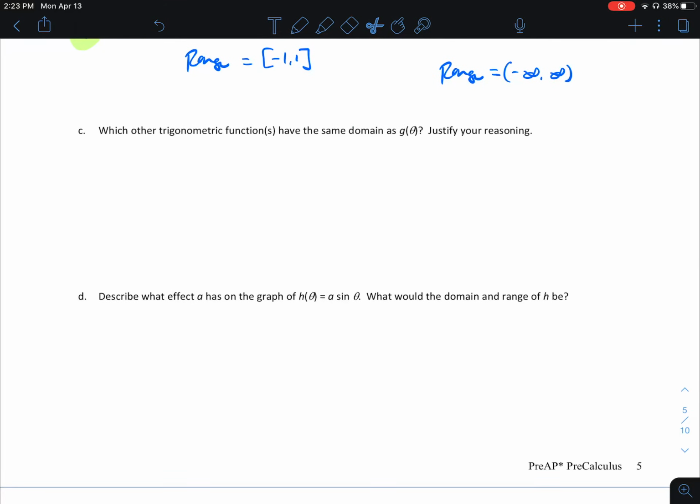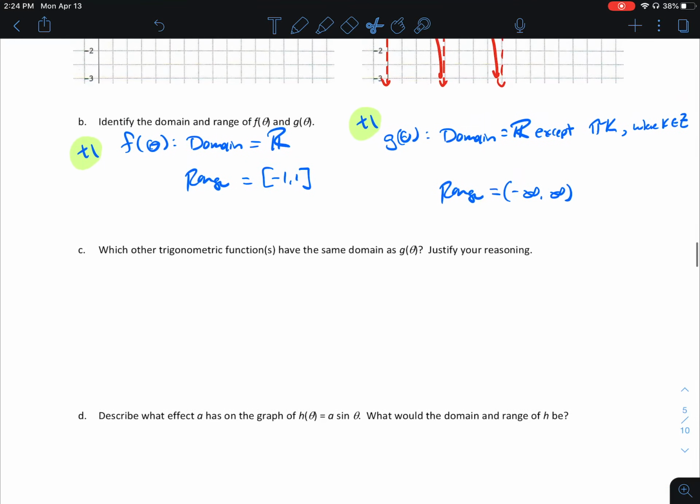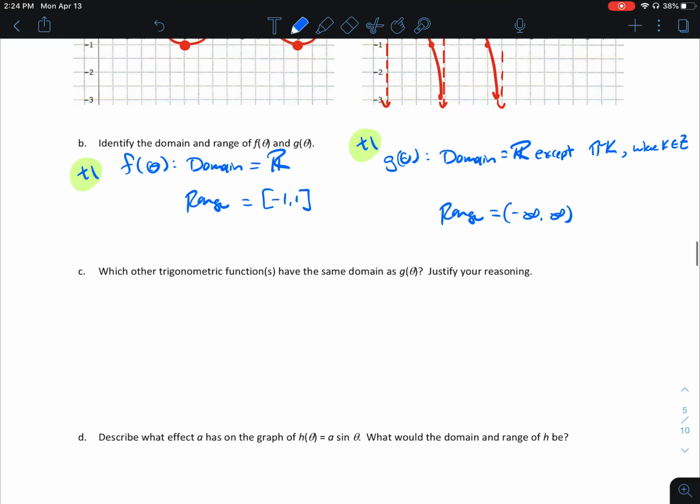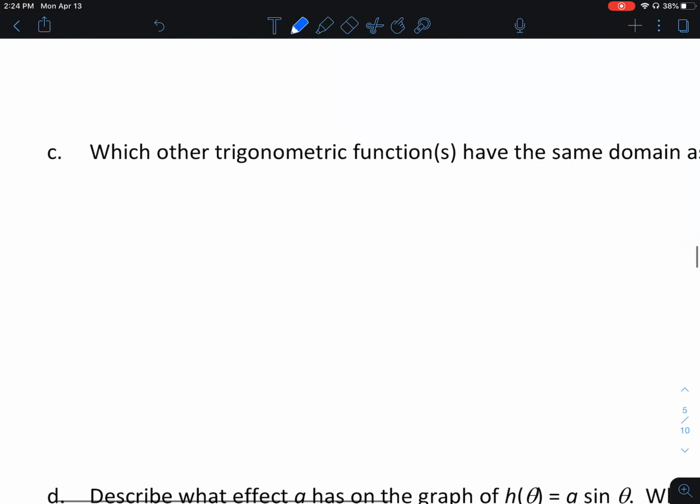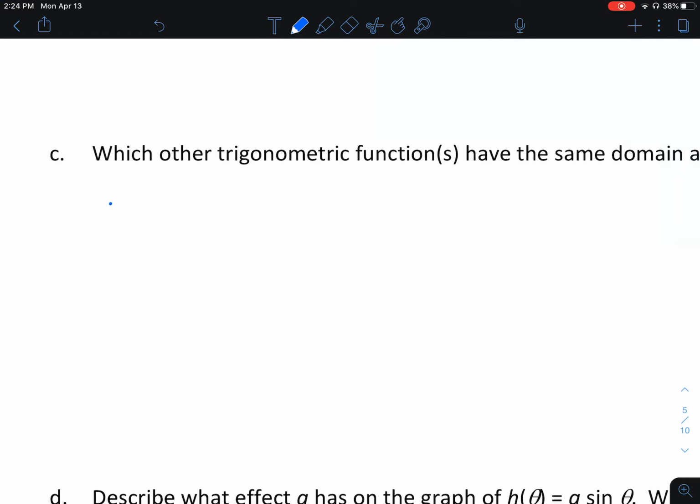C, which other trig function or functions have the same domain as G? Justify your reasoning. Well, let's examine how G gets its vertical asymptotes.